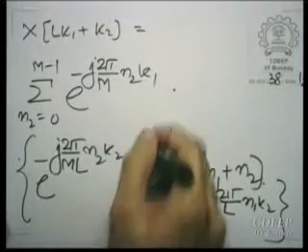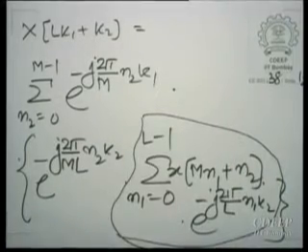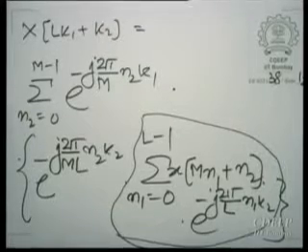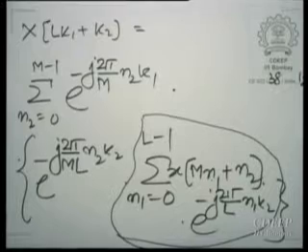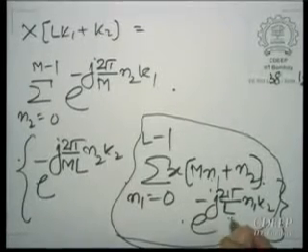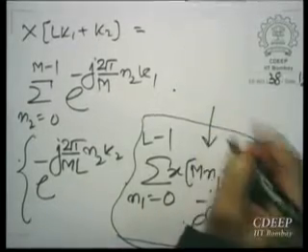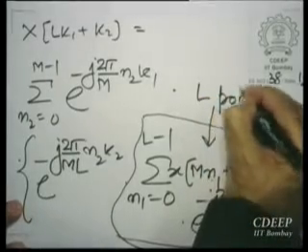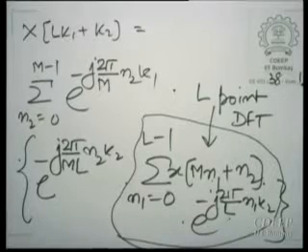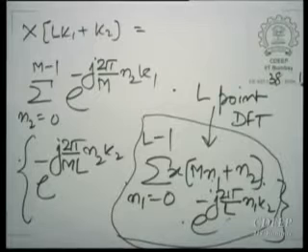And now we pay careful attention to this term here. In this term, n2 is fixed. So we are taking all the n1s, the L values of n1 for a given n2. And this is essentially an L-point discrete Fourier transform of those points. And whenever you have a discrete Fourier transform, there is a corresponding frequency index.